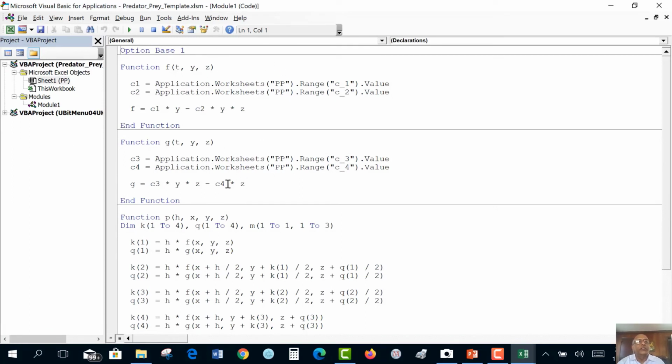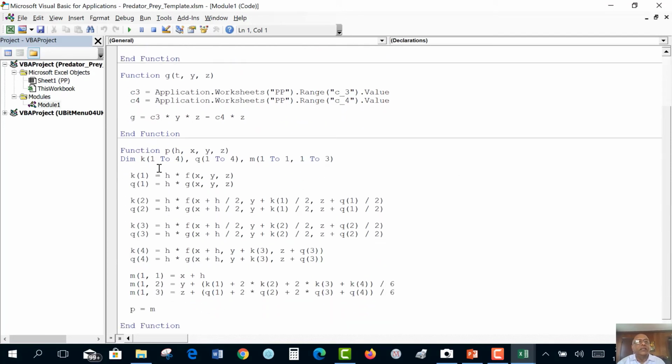This is our function g. This is our Runge-Kutta method. Remember, it is taking in 4 arguments, h, x, y, z. We have k1, q1, k2, q2, k3, q3, and then x(i+1), y(i+1), z(i+1), which we are sending back as a row vector.